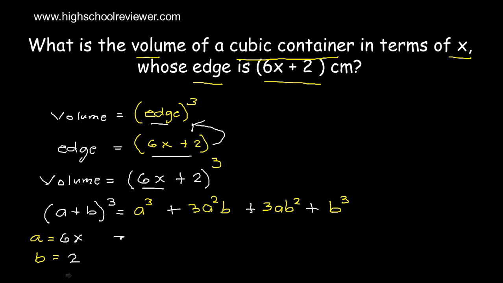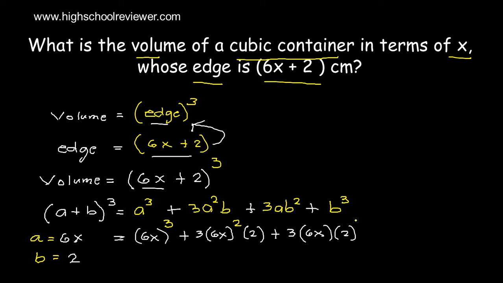So substituting, this will be 6x raised to the power of 3 plus 3 multiplied by 6x raised to the power of 2 multiplied by the second term b, which is 2, plus 3 multiplied by a, which is 6x, multiplied by b, which is 2, raised to the power of 2, and this will be added by b, which is 2, raised to the power of 3.